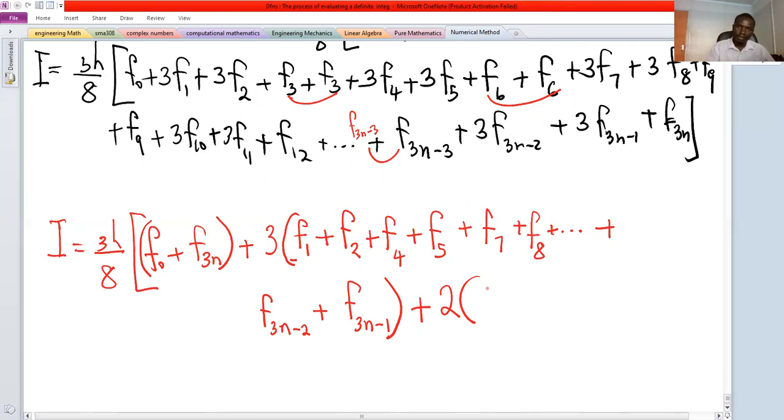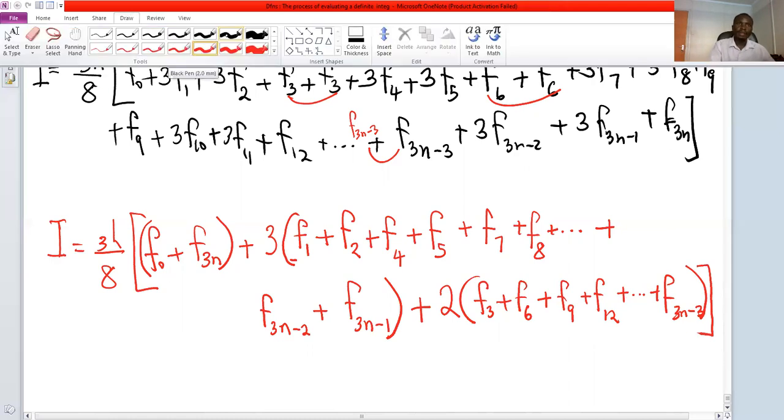So we have f sub 3, f sub 6, f sub 9, f sub 12, up to f sub 3n minus 3. And this is Simpson's 3/8 rule.